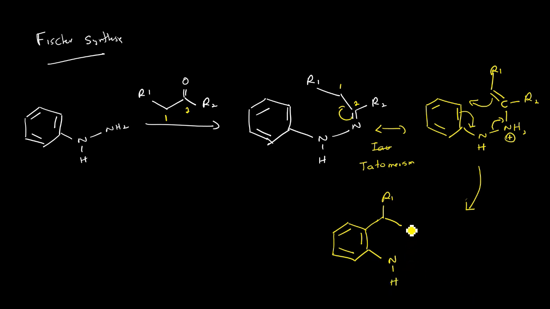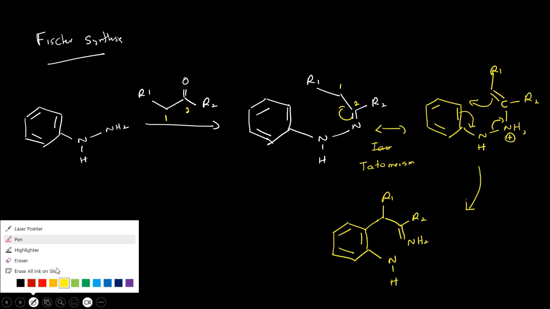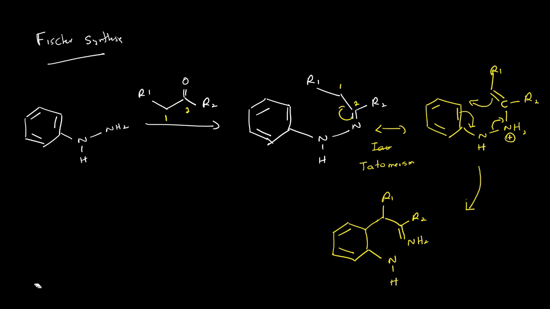So this bond is being broken. Here we have H2 double bonded, and here we have the R2. So here I have made a small mistake. There's no bond here, because there's a double bond here.